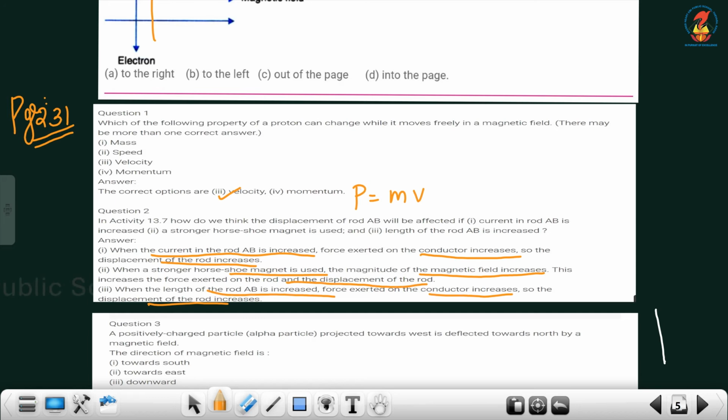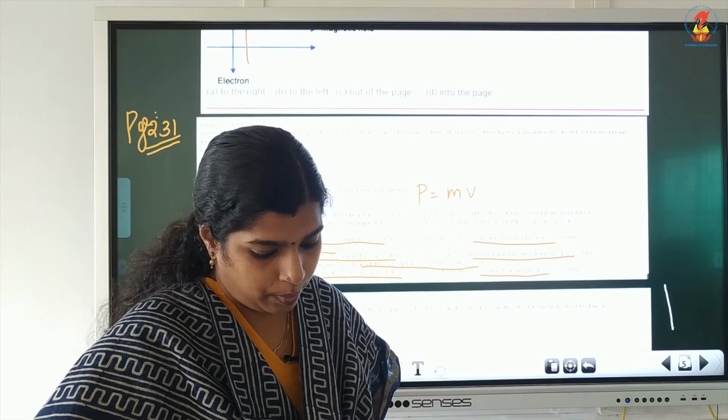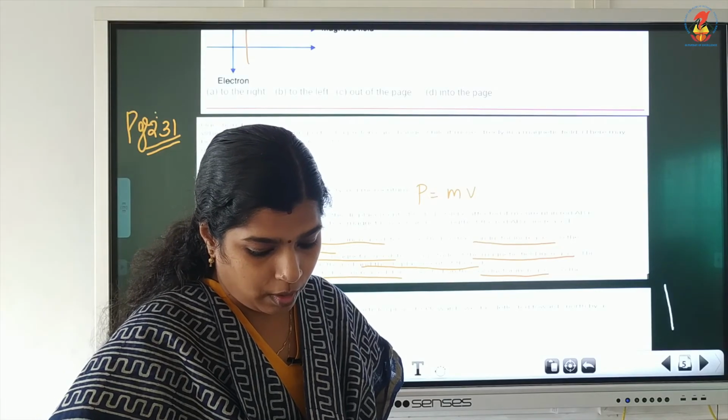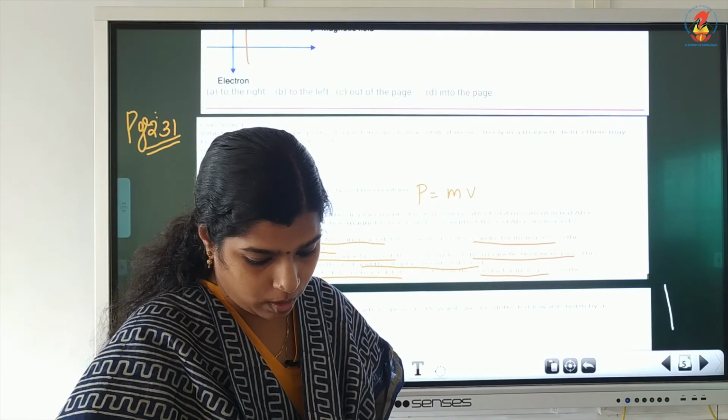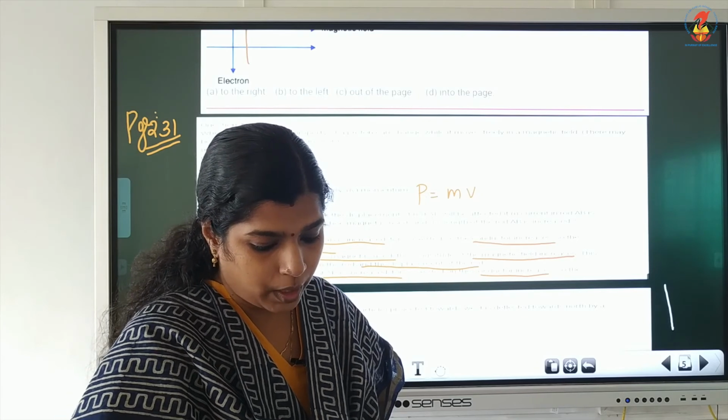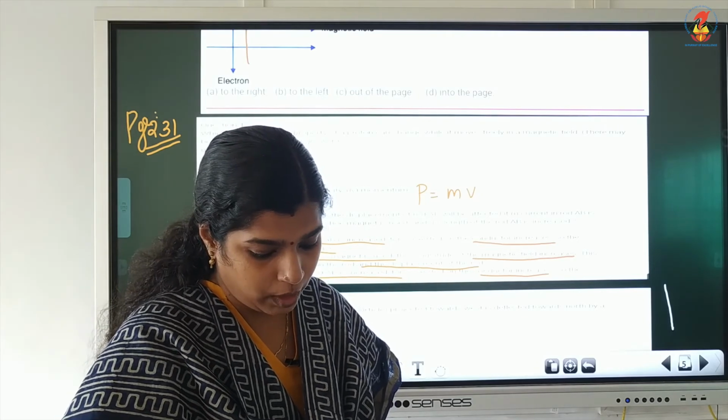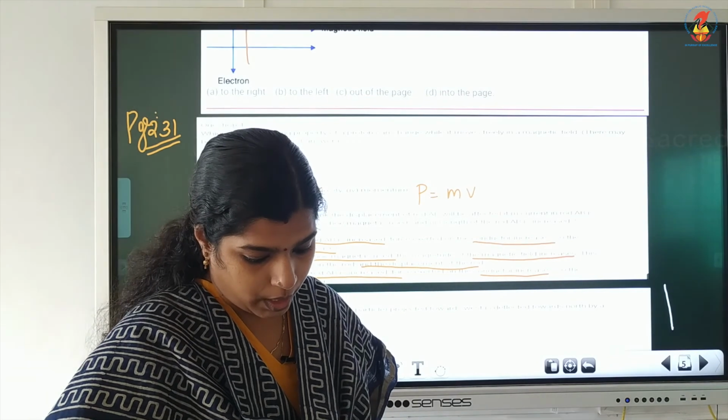Then the third question: a positively charged alpha particle projected towards the west direction is deflected towards the north by a magnetic field.